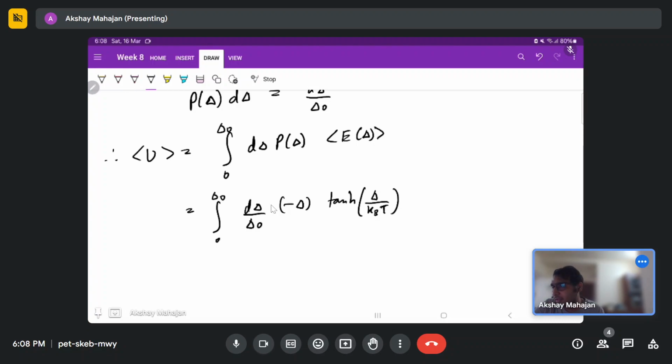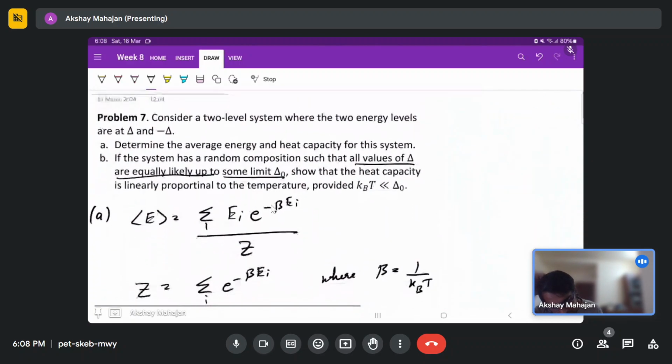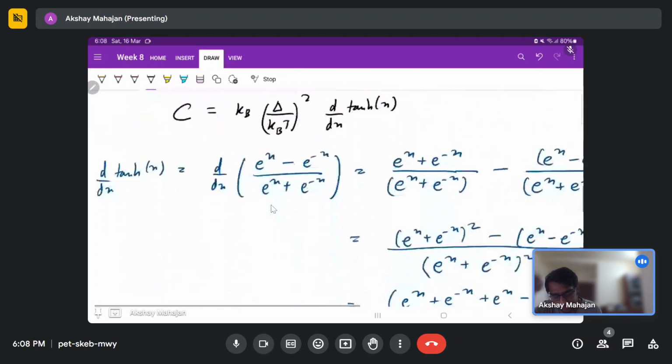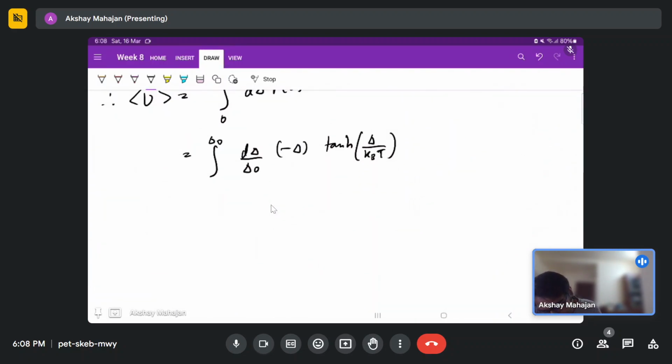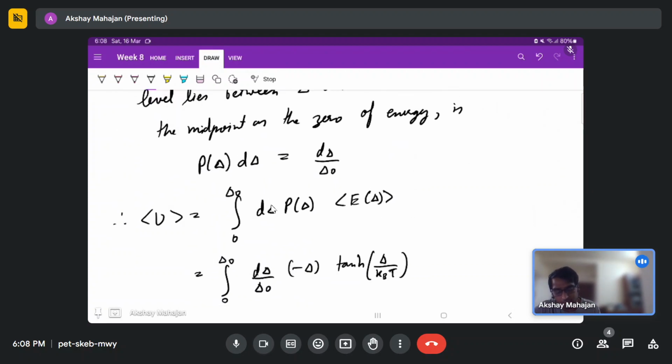Now in part B we have to show that the heat capacity is linearly proportional to temperature in the limit that kBT is much less than delta naught. So we are considering that this delta value ranges from 0 to delta naught, and for each value between delta and delta plus d delta, we have taken that probability to be 1 by delta naught.